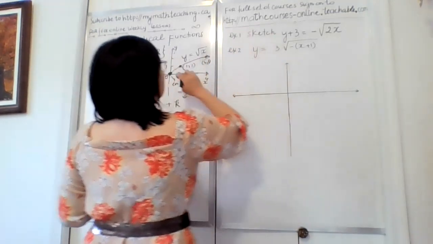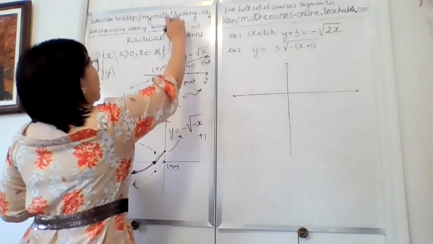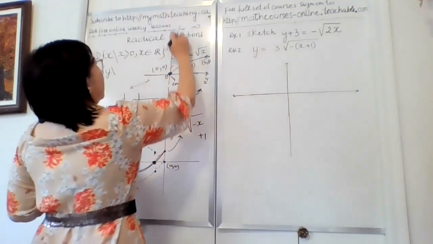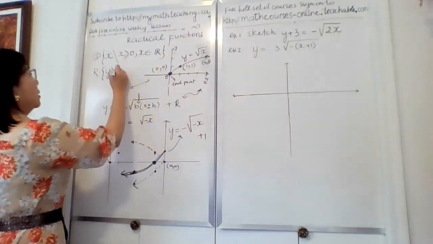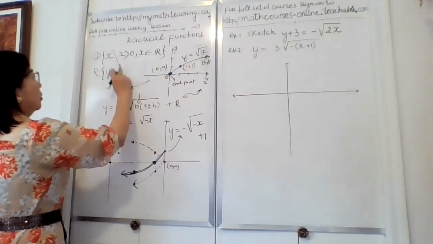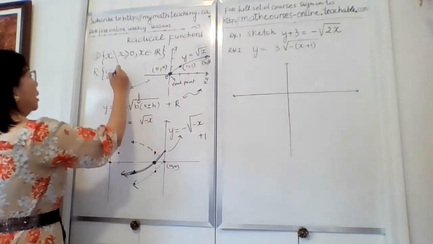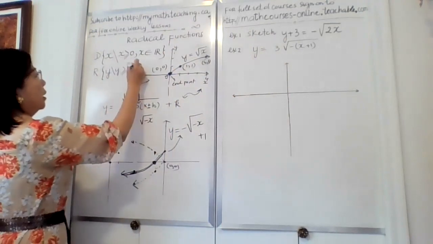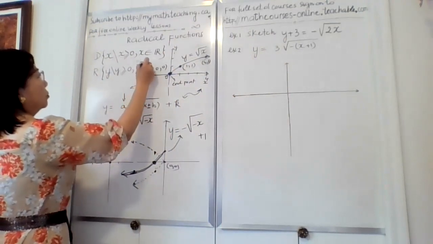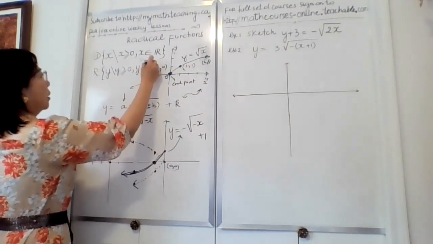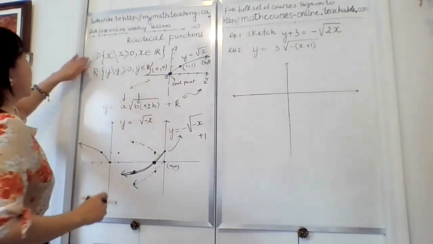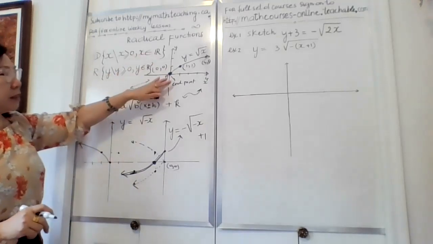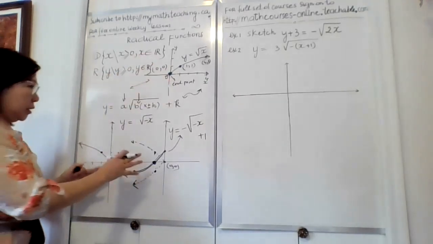So y can start from 0 and go all the way up to infinity. So we can say y has to be bigger than or equal to 0, just like this one. And y also belongs to the real numbers. So that's how we state the domain and range for this basic radical function.